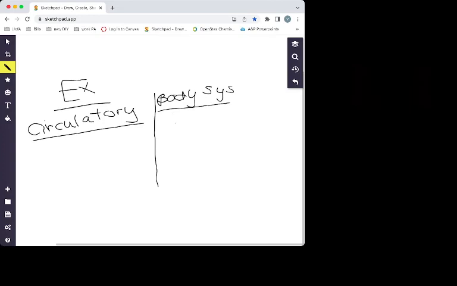What you're going to want to start doing is going from body system, then you're going to want to know what organs are in the body system. What tissues are in the body system that are important? You're going to want to know what cells are in the body system. And chemicals are good to note, but do I think you need to memorize the chemicals? No. Now, a lot of the time, what the chemicals will tell us is its function.